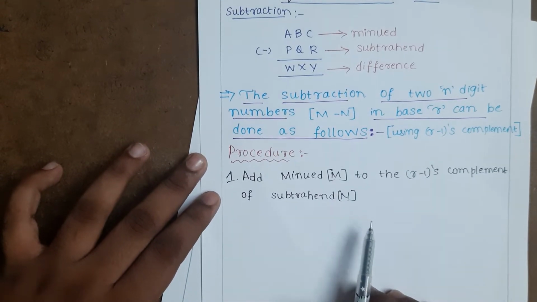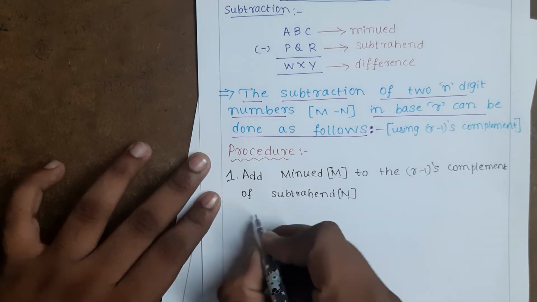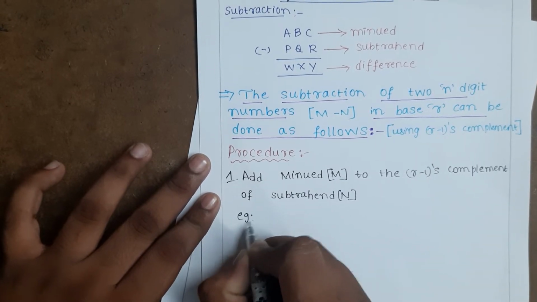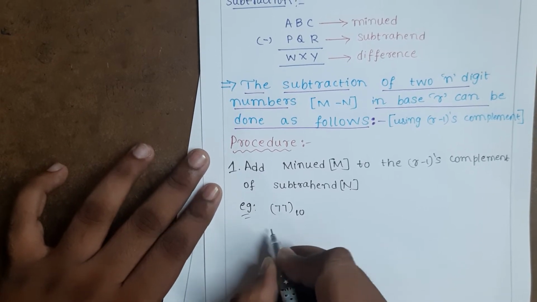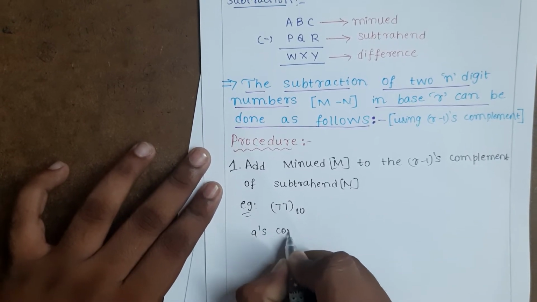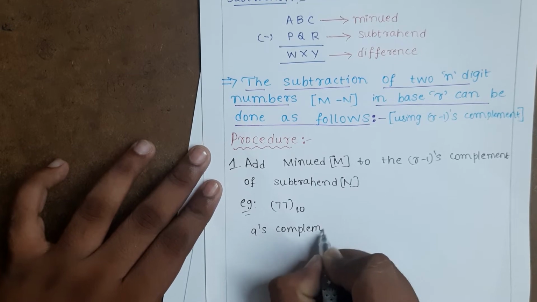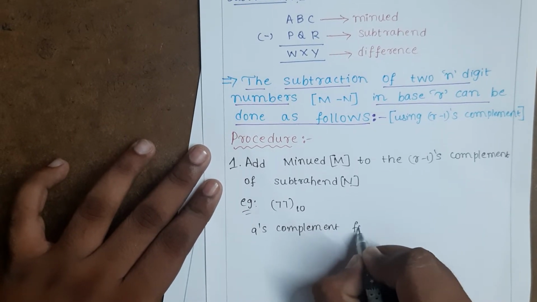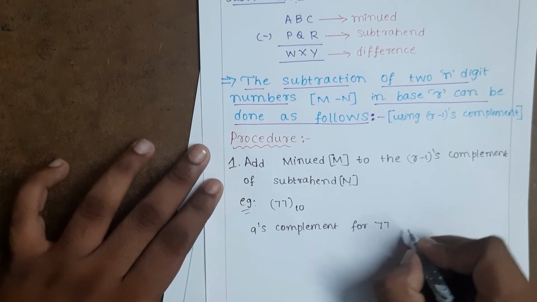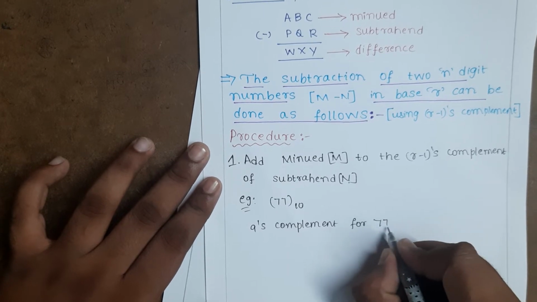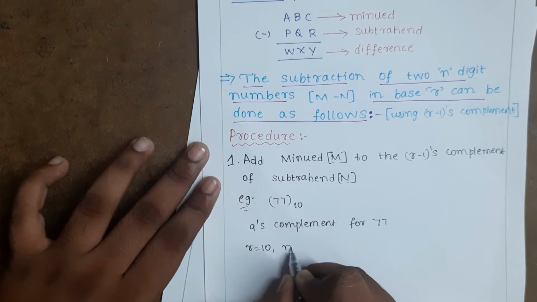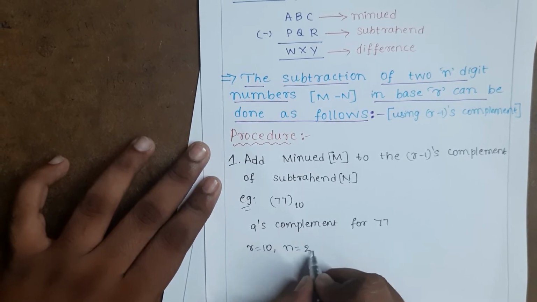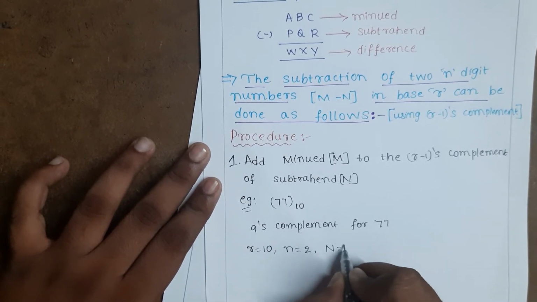Now I'll tell how to find the r-1's complement. Suppose, for example, we take 77 in base 10 and find the r-1, that is the 9's complement, for 77. We have the formula. From the given, r is 10, the radix, small n is the number of digits present in the given number, which is 2, and capital N is the number itself.